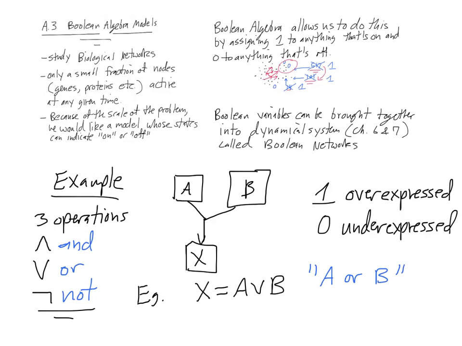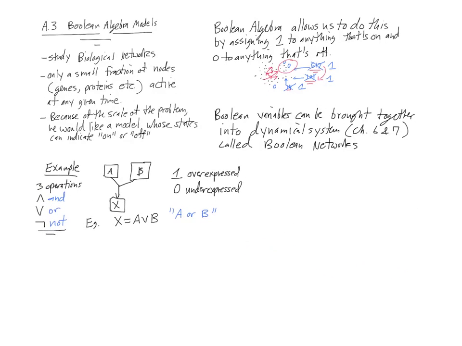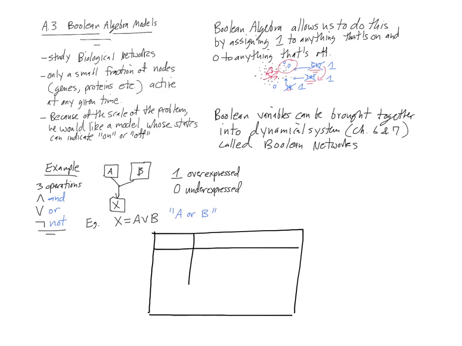And so the way that this works out is we draw here these truth tables. For all the different possibilities, we have to determine what the value for X will be. So let's do that. We have A here, B here, and X. There are 4 possibilities. The first possibility is A is overexpressed and B is underexpressed.